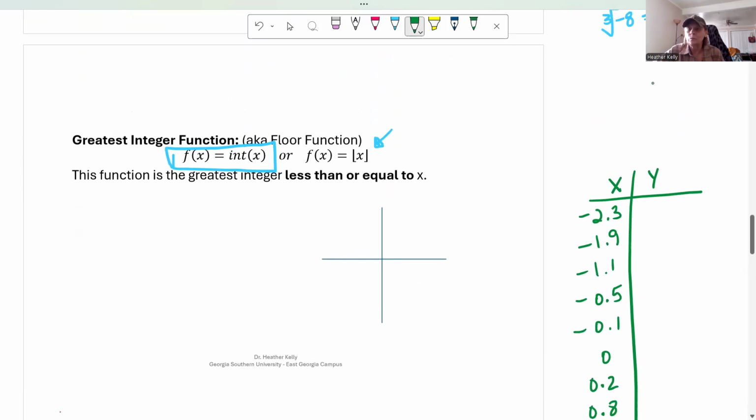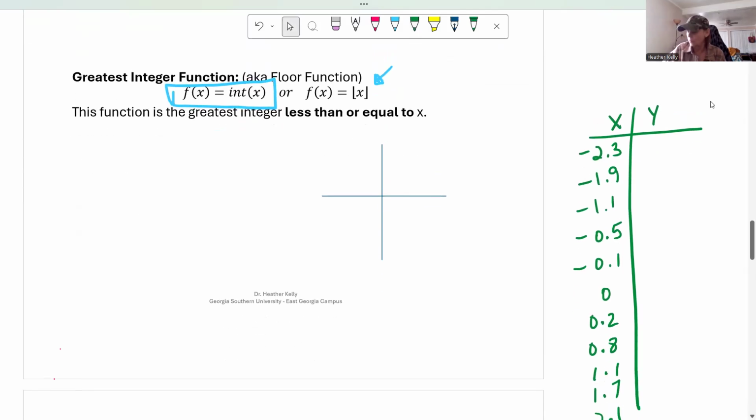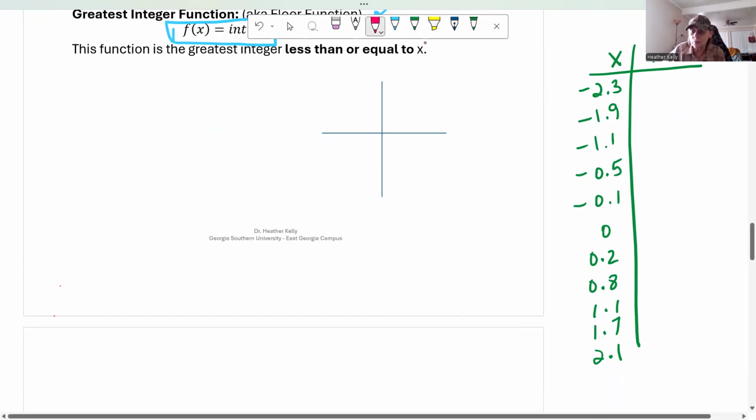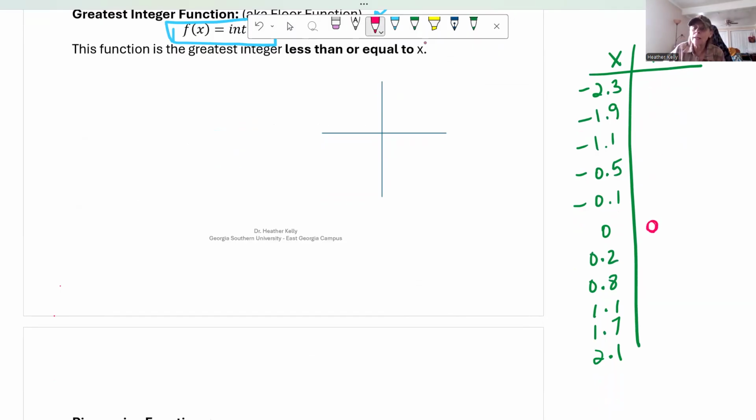And what we're doing here is y is equal to int x. So we're just doing the greatest integer function. And I'm going to kind of start with the positive numbers. Okay. So the greatest integer of 0 is 0. That's the greatest integer part. The greatest integer of 0.2 is also 0.